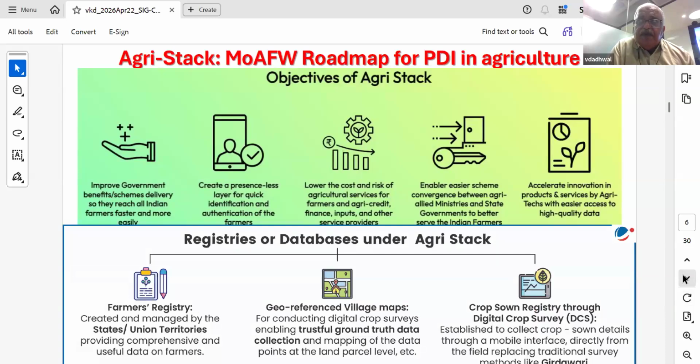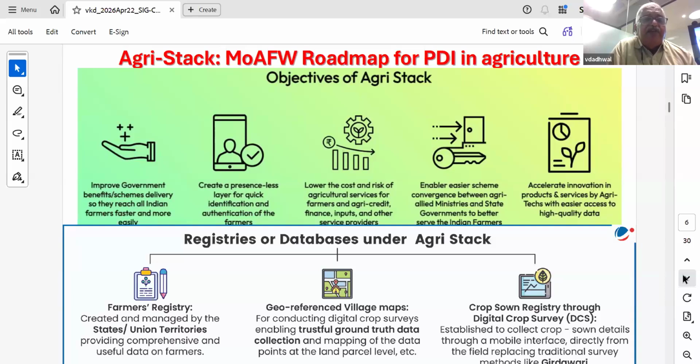Now, since we are talking of the modern paradigm, what we should also be aware of is this: you are all familiar with UPI, right? In the same way, which is nothing but a financial stack of technologies, the government is now trying to create an agri stack.